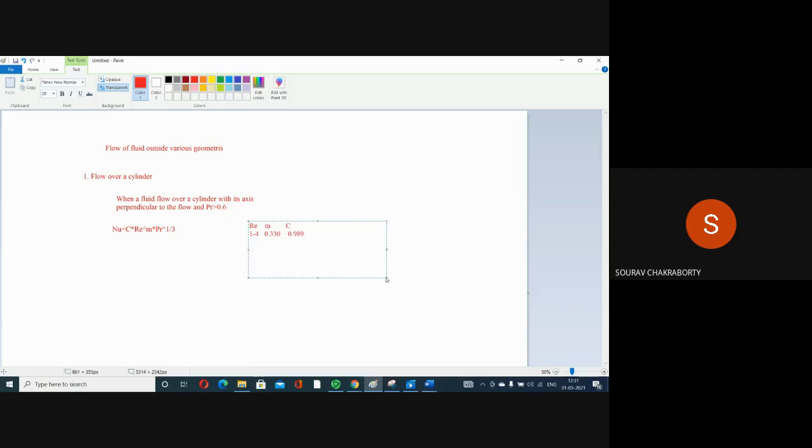C value will be 0.989. If the Reynolds number is in between 4 to 40, in that case m value will be 0.385 and C value will be 0.911.